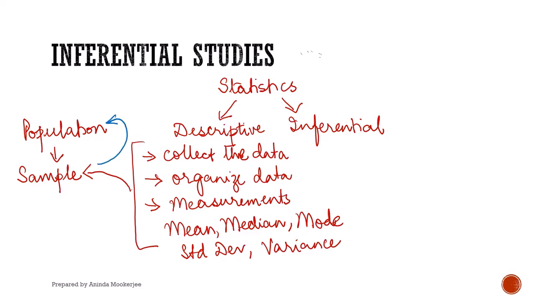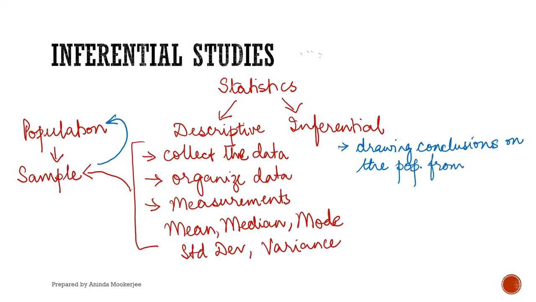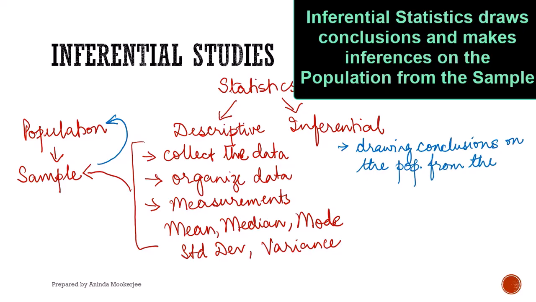So what we do is take our findings obtained from our sample study and try to estimate what the population measures are going to be. So inferential study involves drawing conclusions on the population from the sample study that we did when we were performing our descriptive statistics from the sample.